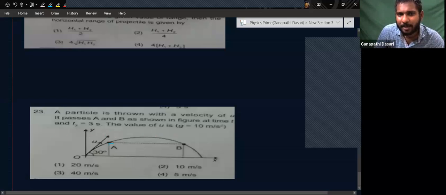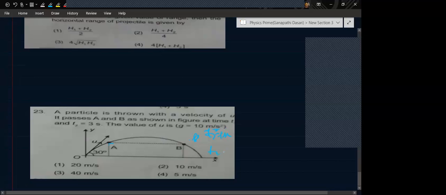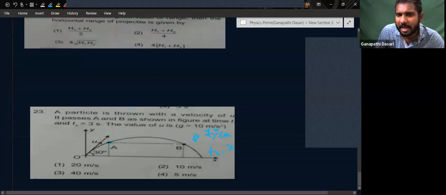It passes A and B as shown in the figure, at time t1 equal to 1 second and t2 equal to 3 seconds. The value of u is, you see, A and B are at the same height.